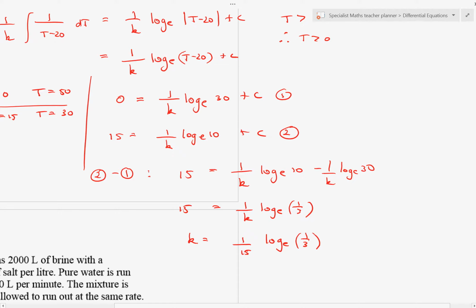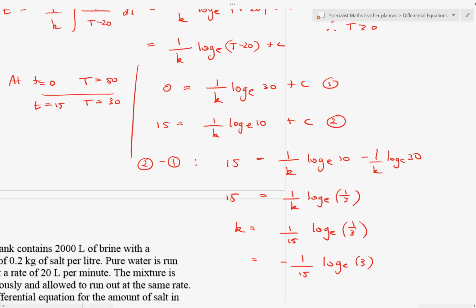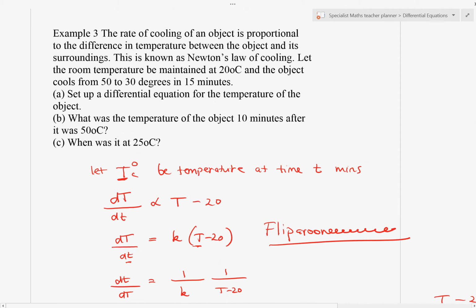You could negate 1 on 3 to make it negative 1 on 10 log e 3. Yeah, you could do that. That's a good idea, Jordan. Perfectly legal. Very good. So we found a constant of proportionality, have we not?